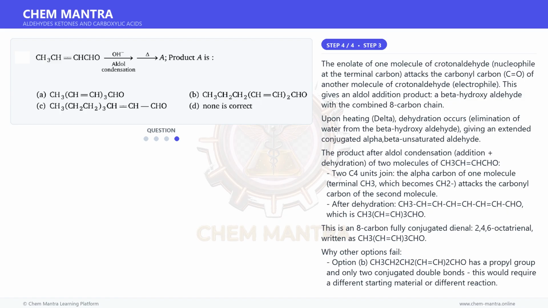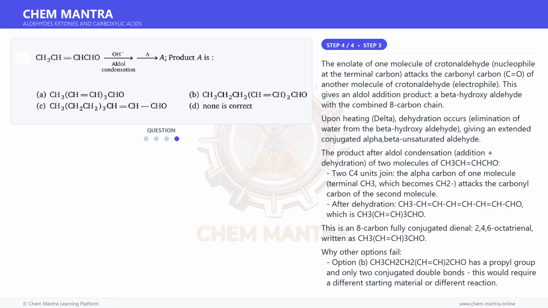After dehydration, CH3-CH=CH-CH=CH-CH=CH-CHO, which is CH3(CH=CH)3CHO. This is an 8-carbon fully conjugated octatrienal, 2,4,6-octatrienal, written as CH3(CH=CH)3CHO.